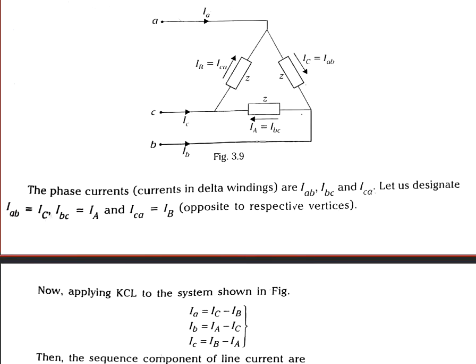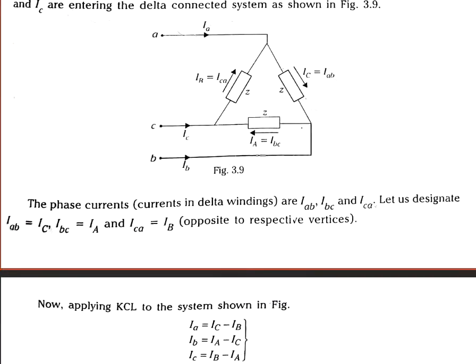Now apply KCL to this. What does KCL state? The sum of the incoming currents is equal to the sum of the outgoing currents. Let us say at this point three currents are meeting: IA, ICA and IAB.